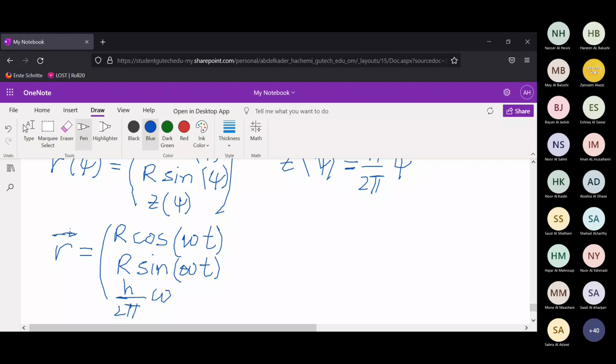This is the expression of r as a function of time t, and r as a function of the angle xi.